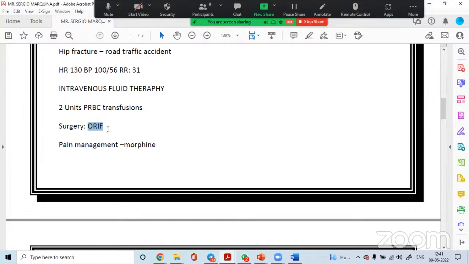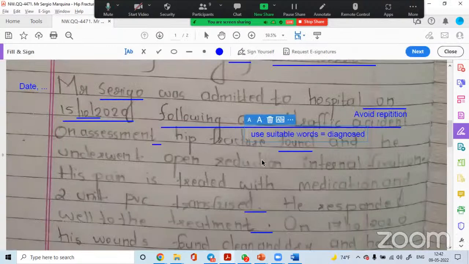For which he underwent, or for which open reduction internal fixation was performed. Okay. For which, okay, consequently he underwent. Okay, you can say consequently. Okay. Therefore, he underwent open reduction internal fixation. Very good. This sentence is correct.